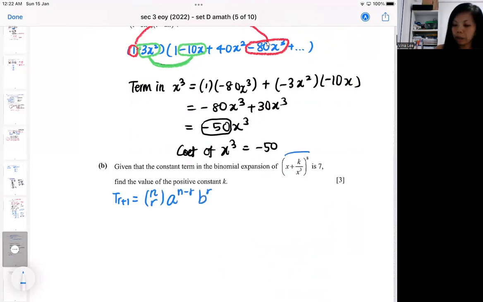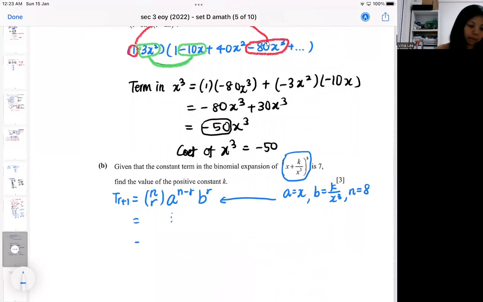So you're supposed to be able to decide your A, your B, and your N. And then you plug inside. So at the end of putting it in, you should isolate the constant.